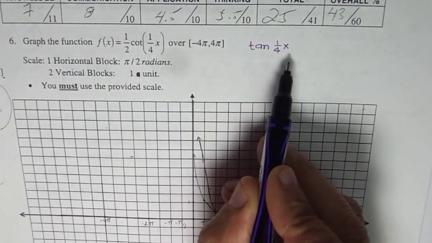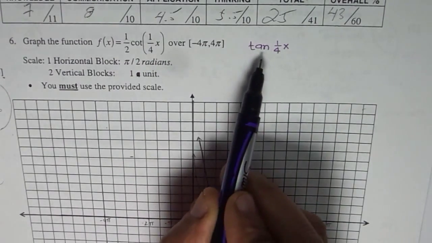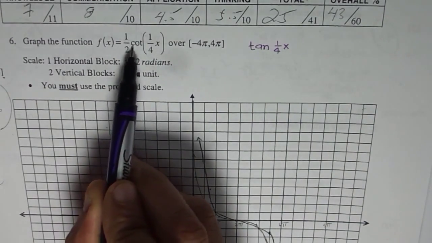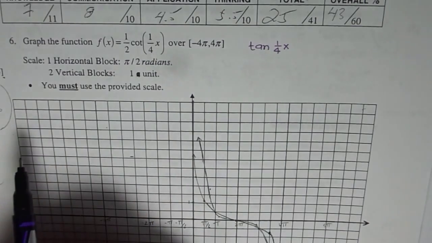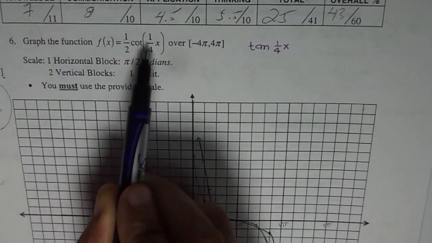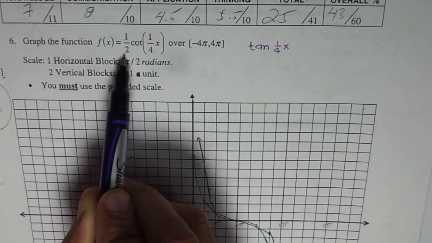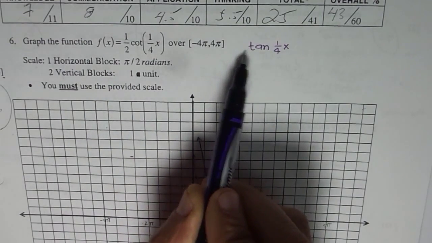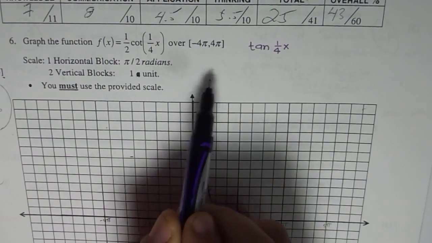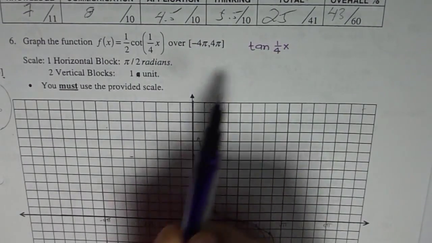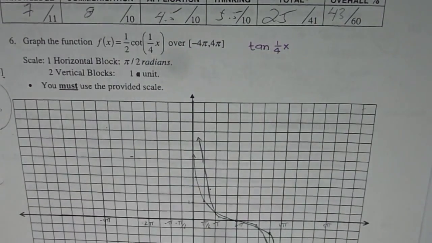Now from here we'll get into the reciprocal of tan, so we'll get cotangent 1 over 4x. You get the idea. And then we'll do half of it. Don't make the mistake of sketching half of tan 1 over 4x and then the reciprocal of that. That will lead to error, right?